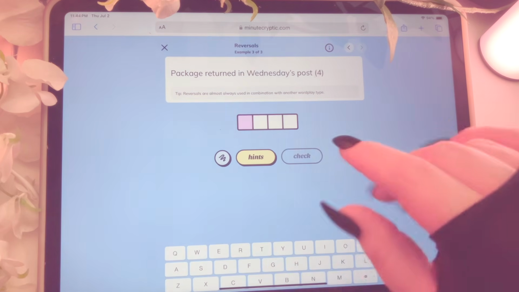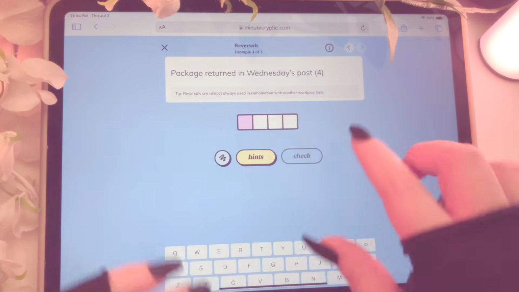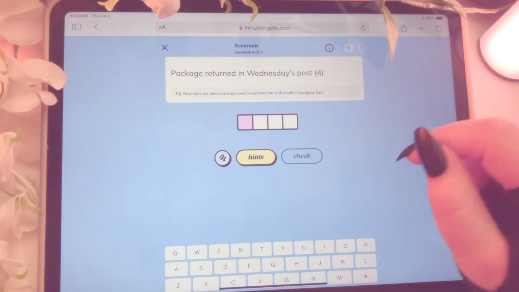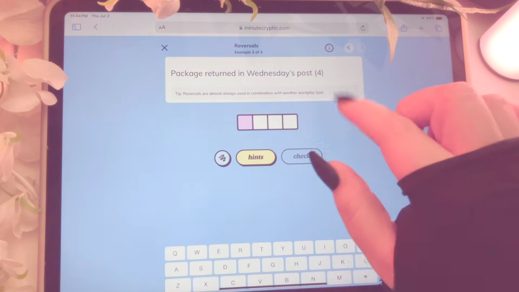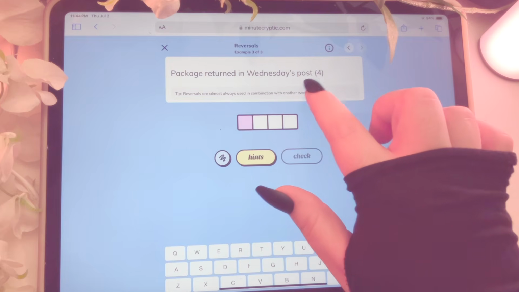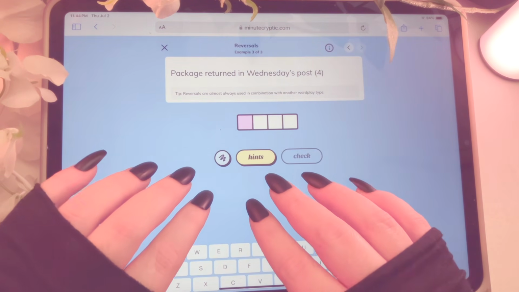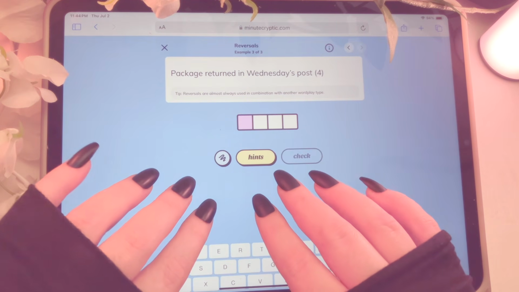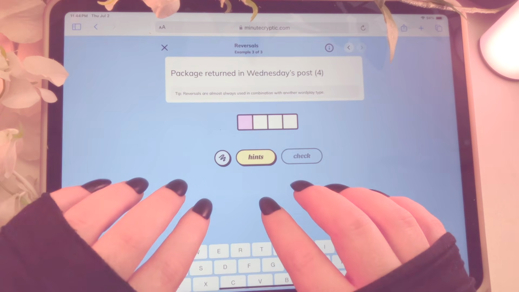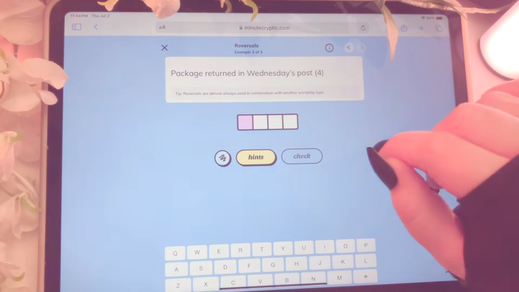Okay, I see. With the hidden indicator, I was trying to think of it being split across the two words, and I was like, I am not seeing anything there. It's not actually in post at all. It's just in the word Wednesday. I think maybe I was wrong and package isn't the definition.